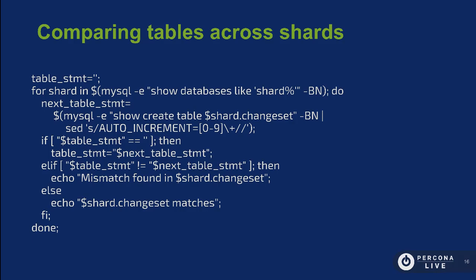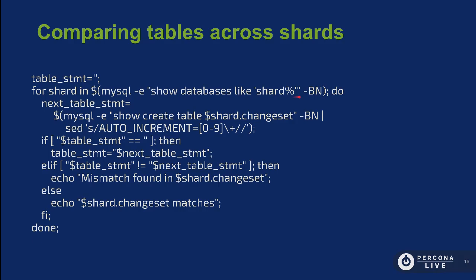If you wanted to make sure those definitions are the same, at least at a high level, you can run this bash one-liner, which is basically going to go through and look at the show create table statement on each one of them. I'm connecting to a given host and looking at all my databases named shard.